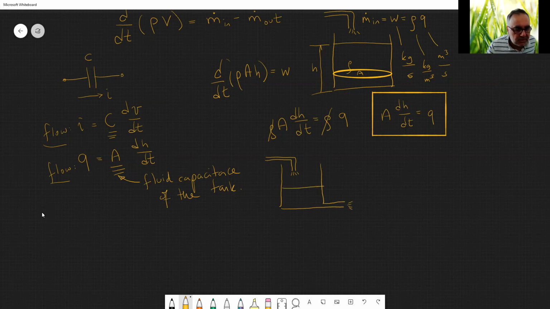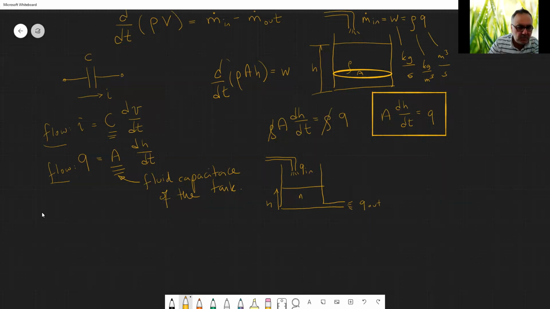So this is the height. There is the area and so on. This is Q in, and this is Q out. Q in and Q out are volumetric flow rates in meters cubed per second, as we see.